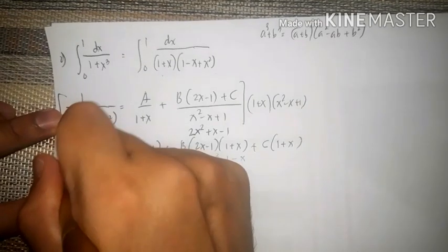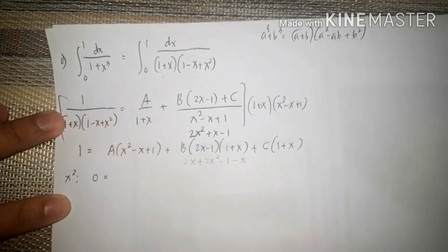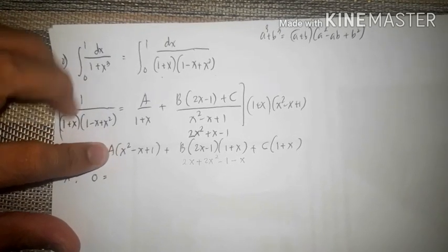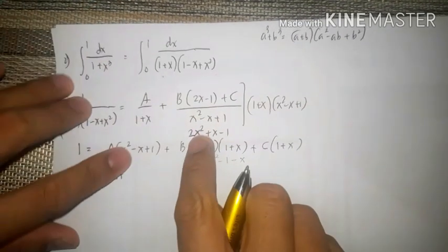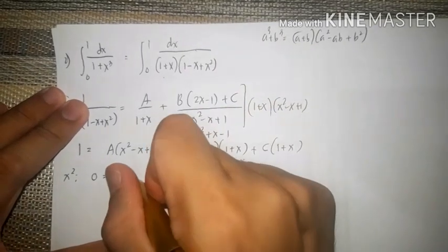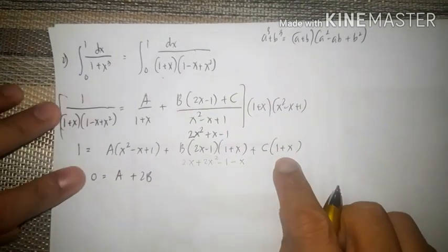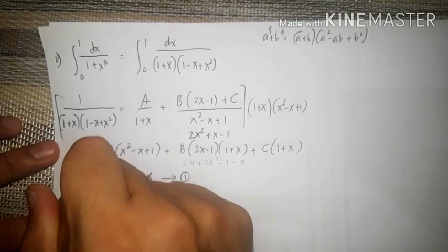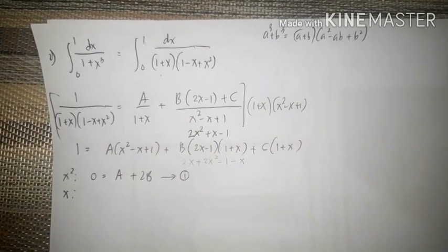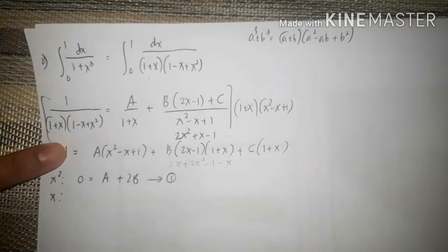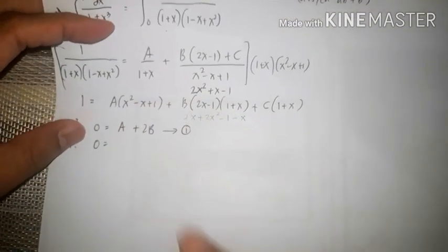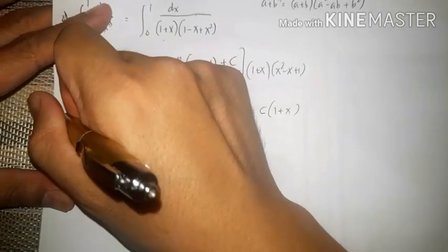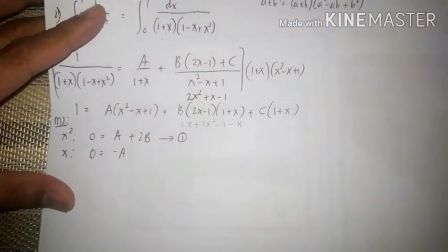The highest exponent appearing is x squared. So you have 0 on the left. For A, 1 times A is A. Then 2 times B is 2B. C, none. That's equation number 1. Equation number 2 for x: on the left side, none. Negative 1 times A is negative A. I have used method 2, by the way.